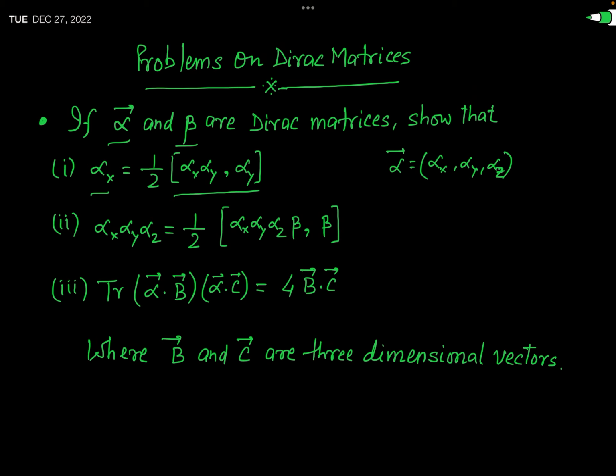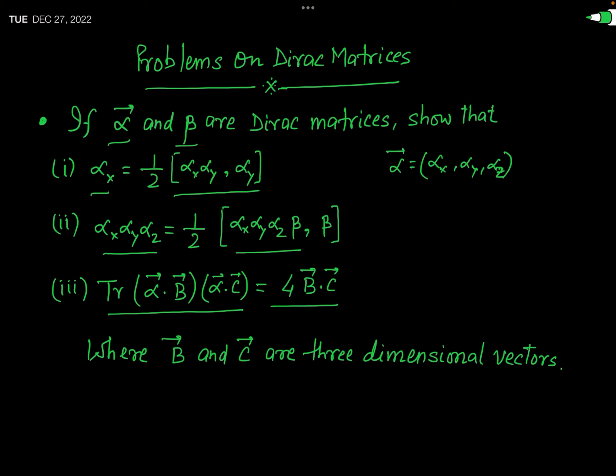In the second part of the problem, you have to show that alpha x, alpha y, alpha z is equal to 1 over 2 commutator of alpha x, alpha y, alpha z, beta with beta. And the third problem is trace of alpha dot b times alpha dot c is equal to 4 times b dot c.